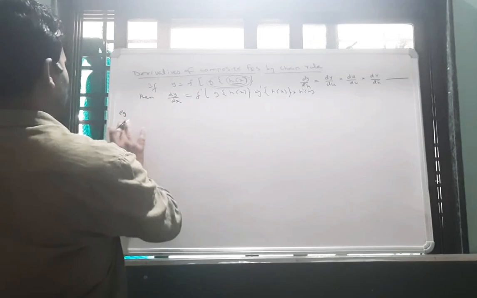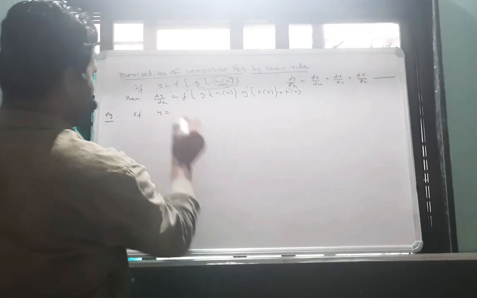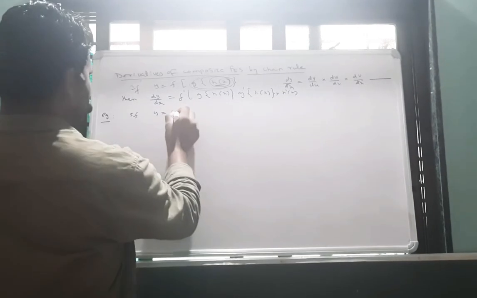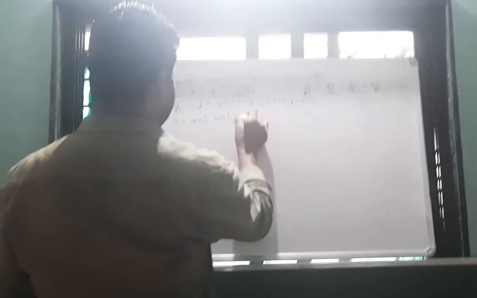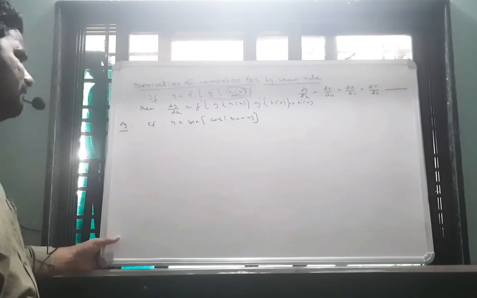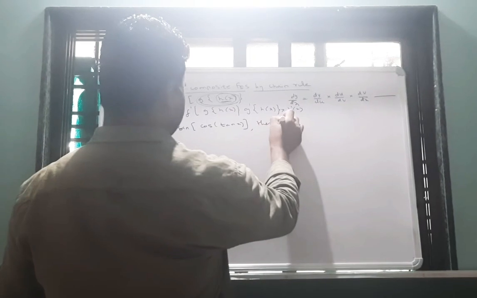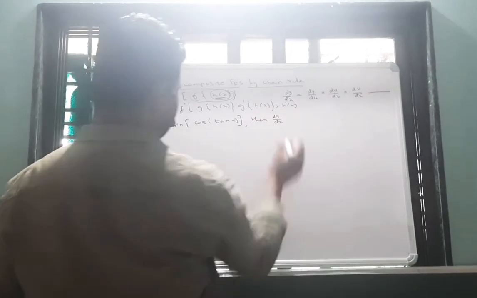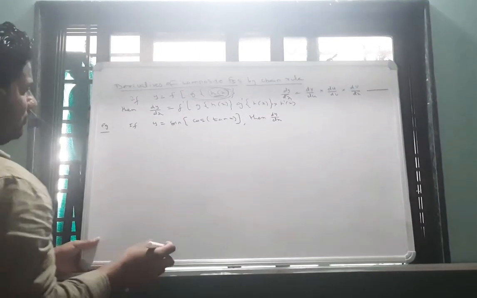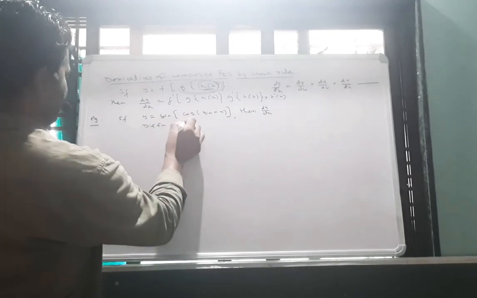On this, the first example is: if y is equal to sine of cos of tan x, then we have to find dy by dx. So we differentiate this with respect to x.